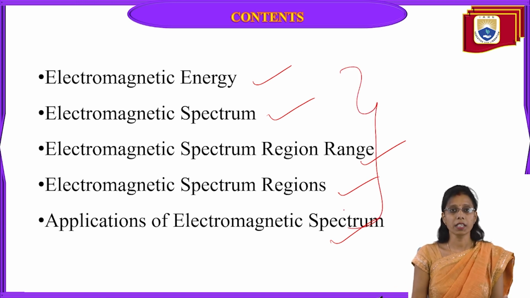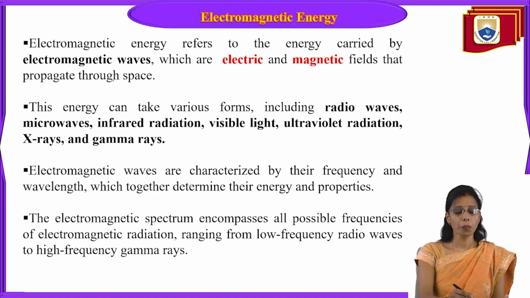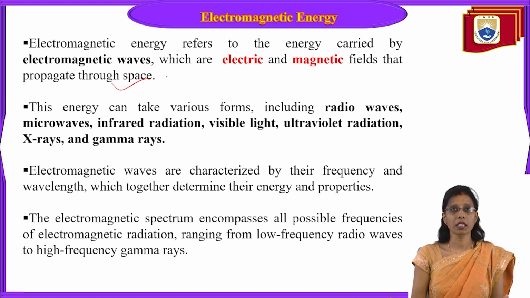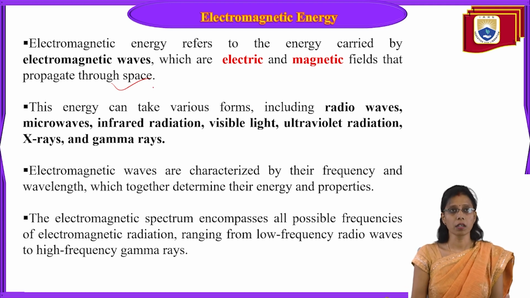Before we understand the electromagnetic spectrum, we have to understand what electromagnetic energy is. Electromagnetic energy consists of electromagnetic waves, which are electric and magnetic fields that propagate through space. Now this energy can take various forms.